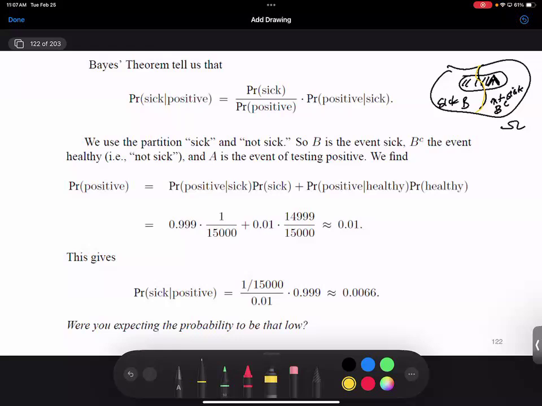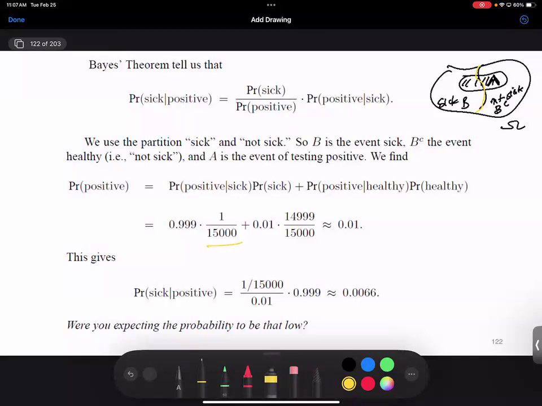And so the probability that you're positive, well, you're either positive and you were sick, or you're positive and you're healthy. What are the possibilities for the two cases? These are the only two possibilities. You're either sick or healthy. The probability that you're sick is 1 over 15,000.